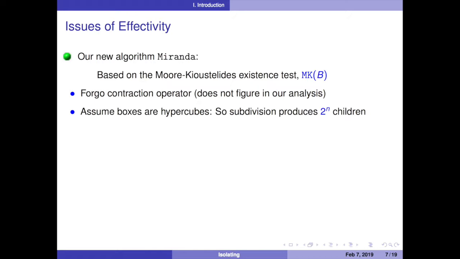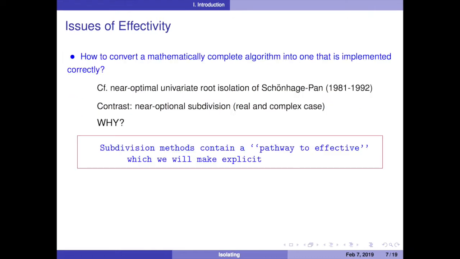So when I subdivide, I have to produce 2 to the n children, right? I split in every dimension, bisection in every dimension. This is not very practical, I know. In practice, you want to do bisection, and you can complicate our proofs and handle that if you want. But for simplicity, let's just talk about hypercubes.